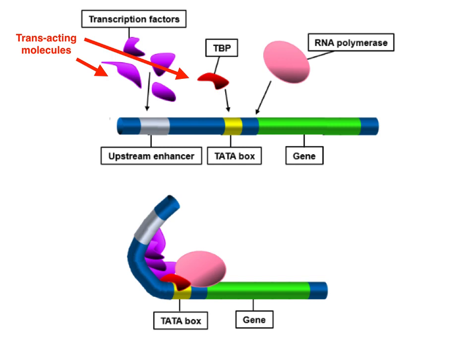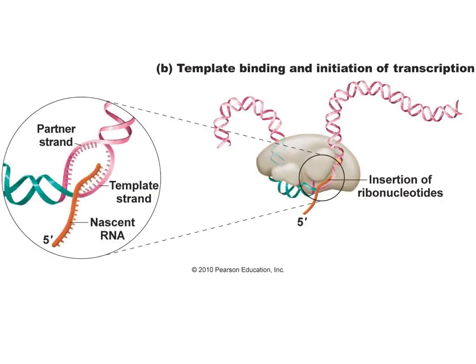So there are cis-acting elements and trans-acting molecules, and they both interact with one another in order to facilitate the process of transcription, making an RNA copy of this gene, all right? So let's roll through the actual production of this RNA molecule.